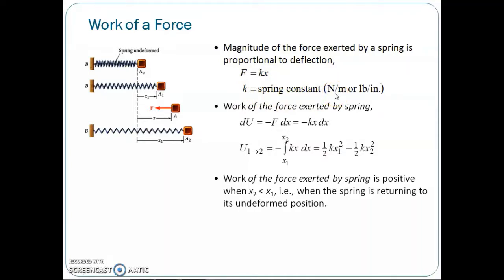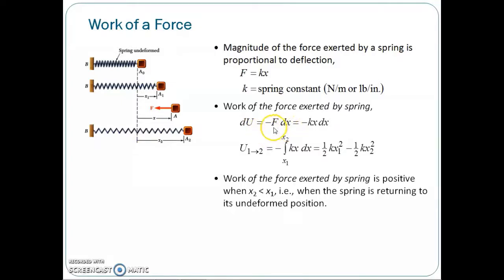To determine the work of the force exerted by a spring during a finite displacement of the body from A1 to A2, where A1 is at x equal to x1 and A2 is at x equal to x2, we can apply what we have learned earlier, dU equals F dot dr. But in this case, the force has a direction opposite to the displacement dr. So we will be using dU equals negative F ds, and in this particular case negative F dx.